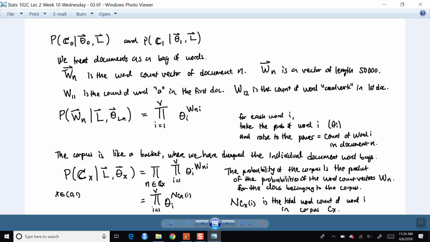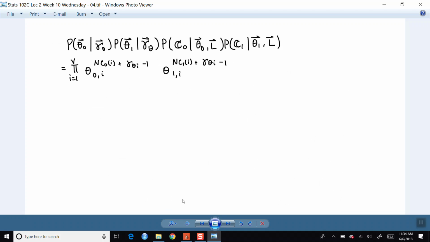And then now we have the probability of each word raised to the number of times that count appears in the corpus, okay? And so when we combine the two, it just becomes the number of times the word appears in the corpus plus its prior word count, because now we're getting a posterior probability, right? We've updated this.